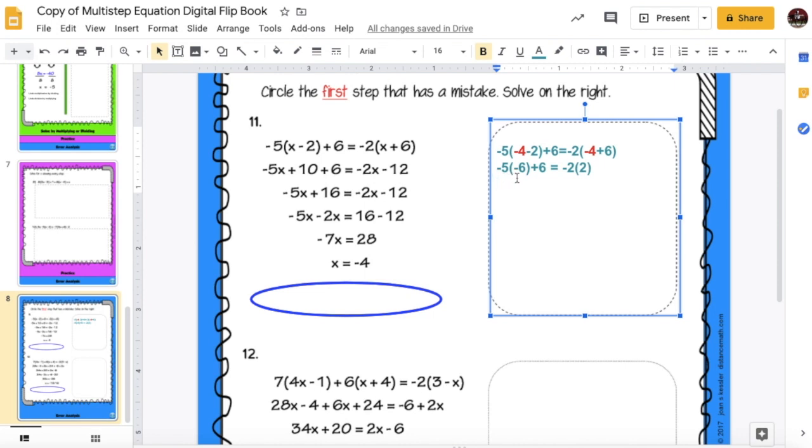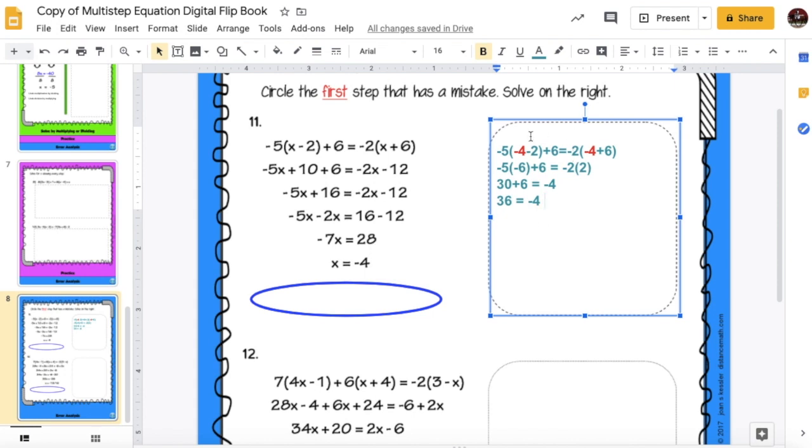Negative 5 times negative 6 is a positive 30 plus 6. Multiplying over here, negative 2 times 2 is a negative 4, so I get 36 equals negative 4. That's not a true statement, which means negative 4 is not the solution, so a mistake has been made.